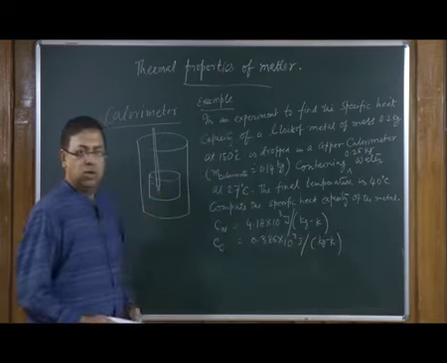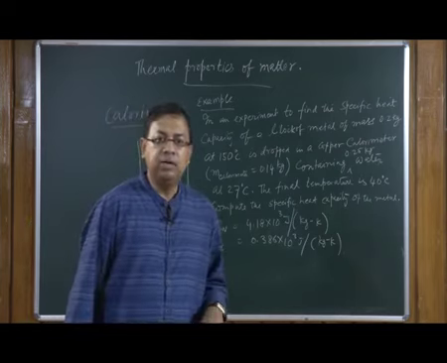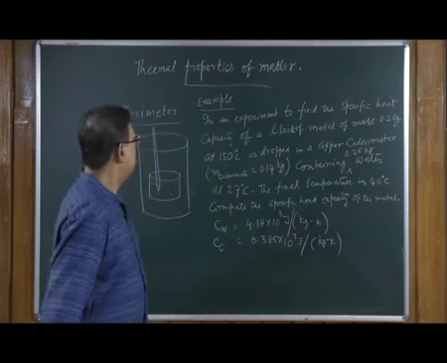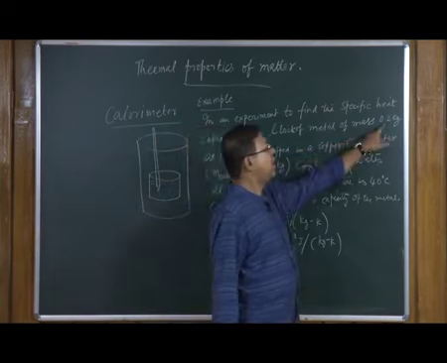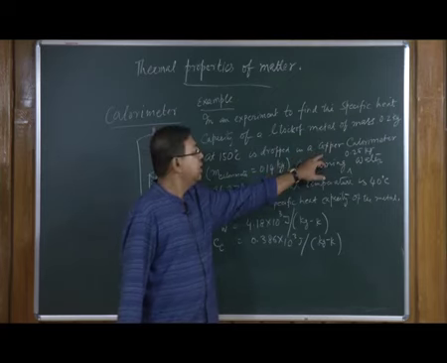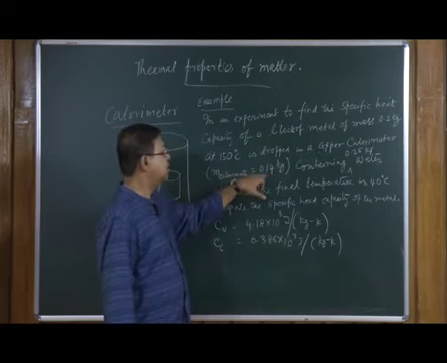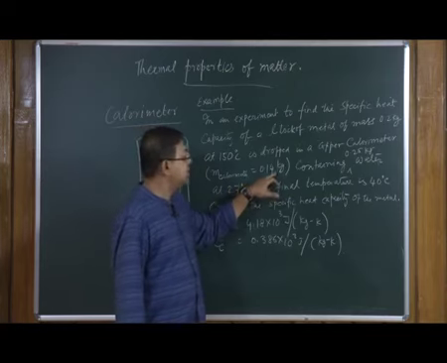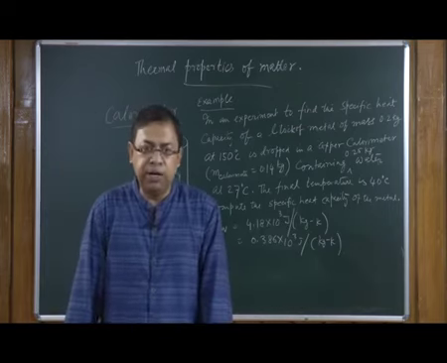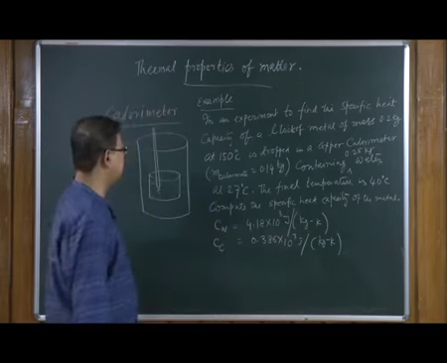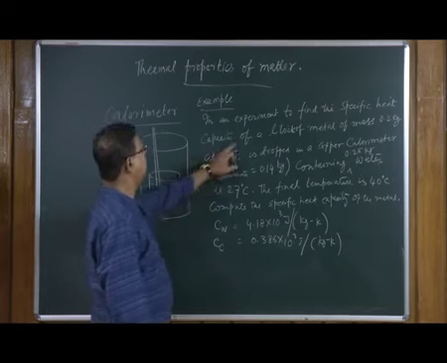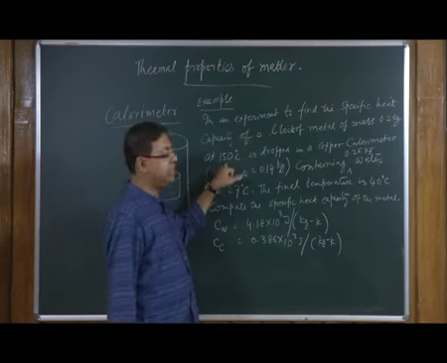Okay. So, just to summarize the problem, we want to know the specific heat of a certain block of metal. So, a 0.2 kg block of metal is dropped into a copper calorimeter, which has mass 0.14 kg, and this calorimeter contains 0.25 kg of water at room temperature, which is usually taken as 27 degree centigrade. The block of metal was initially at 150 degree centigrade.